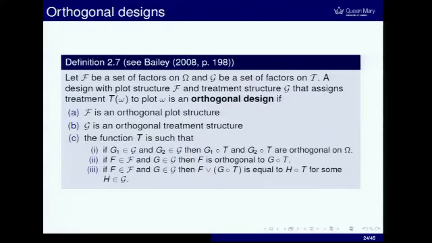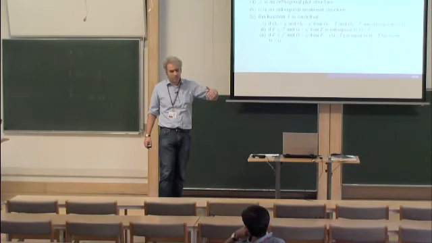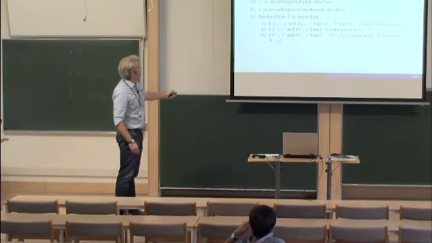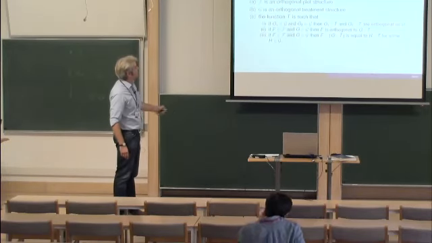And finally, in order to actually be able to come up with the ANOVA, we need to define an orthogonal design. And an orthogonal design has, in Rosenby's theory, three components. It has an orthogonal plot structure, an orthogonal treatment structure, and then there's a design function T which actually allocates the treatments to the observational units, and that needs to satisfy three more properties.